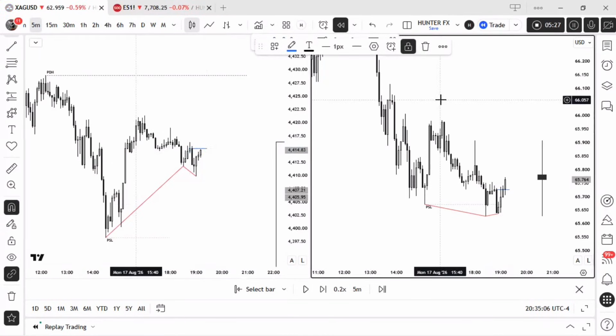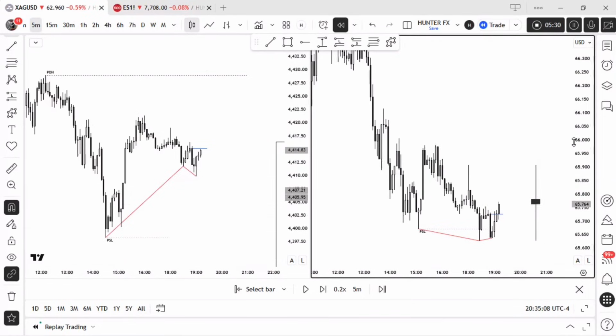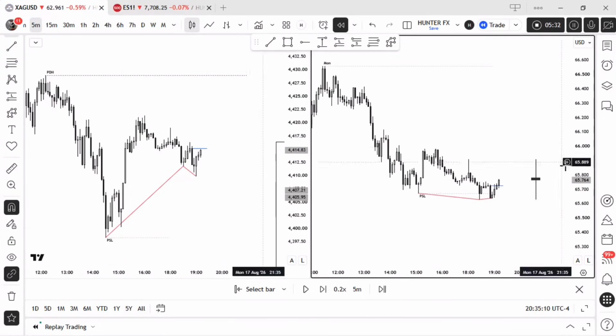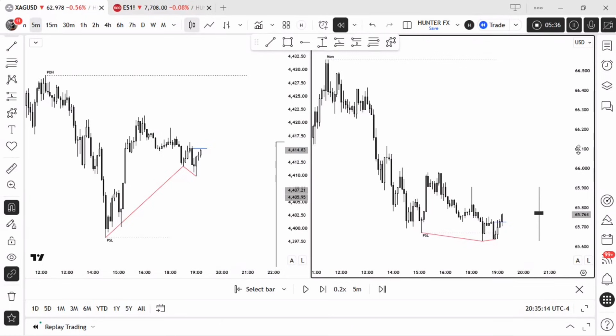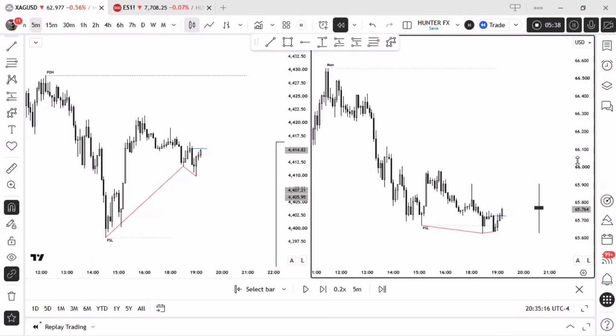Remember, this is a trade based on the sequence that was taught by the MMXM trader, whereby if you have the previous day high as your draw, you wait for the previous session low to be swept or taken as liquidity so that you can trade towards the draw, which is the previous day high.